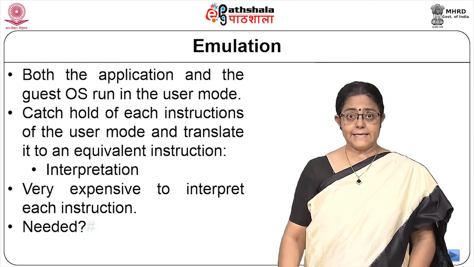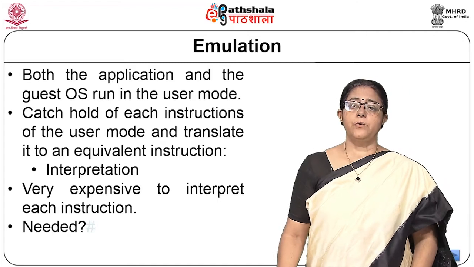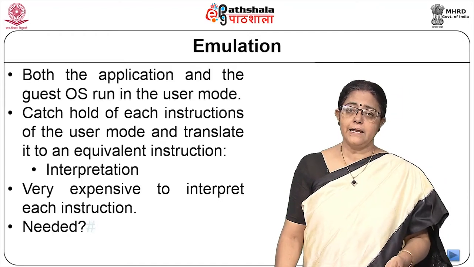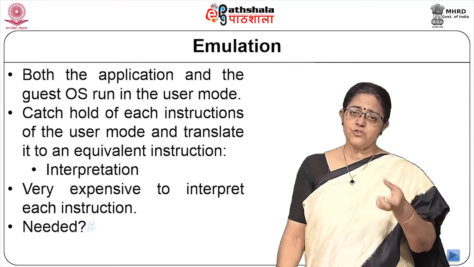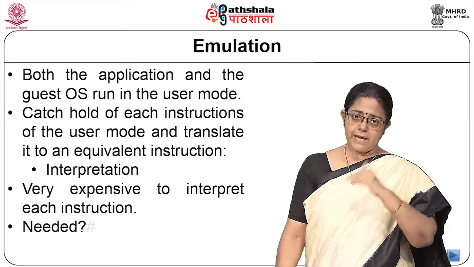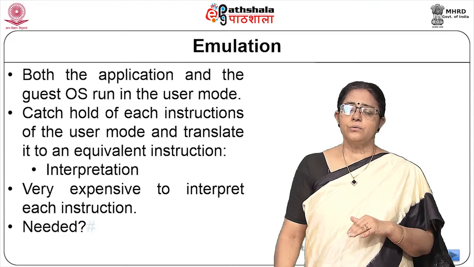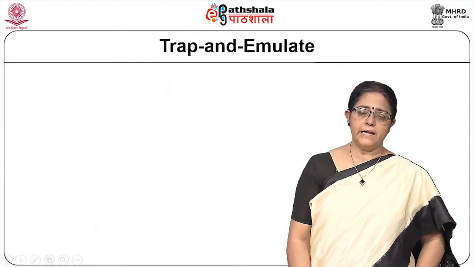When the ISAs are different, when programs written for one ISA will be run on another ISA, every user instruction has to be trapped by the VMM and translated to the target ISA. That will be required there, but in this case it is really not required.